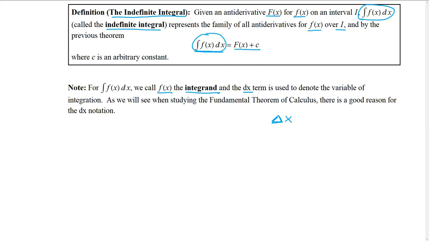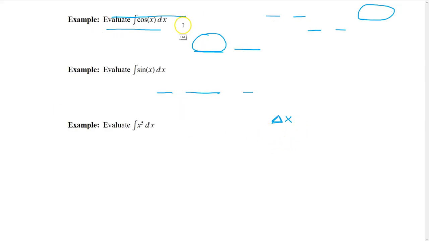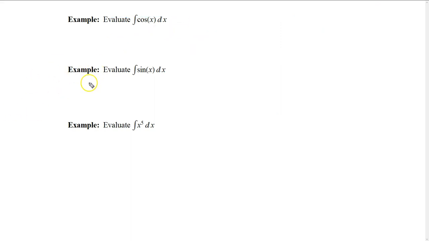Now let's take a look at a few examples here where we evaluate indefinite integrals. So if you'd like to pause the video here and do a few of these on your own, you certainly can. Let's evaluate the indefinite integral for the cosine function.